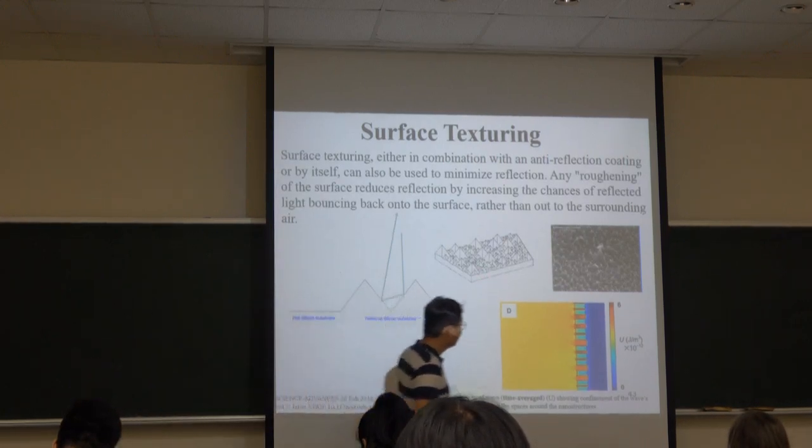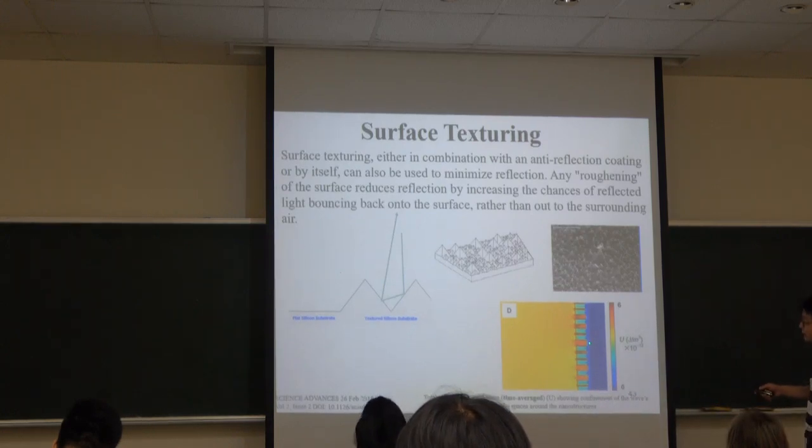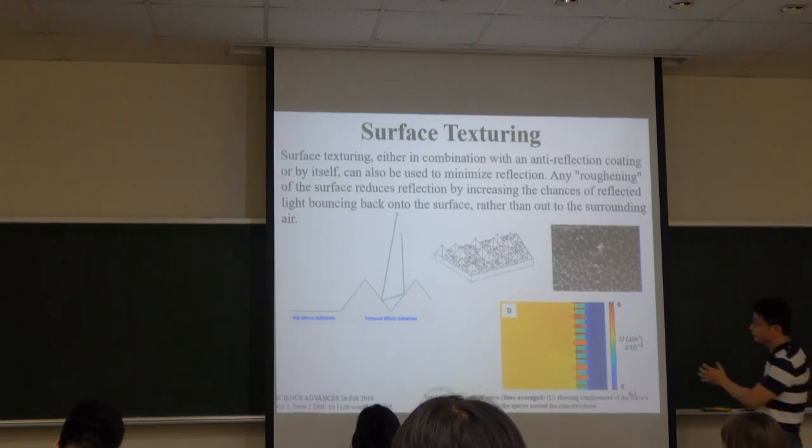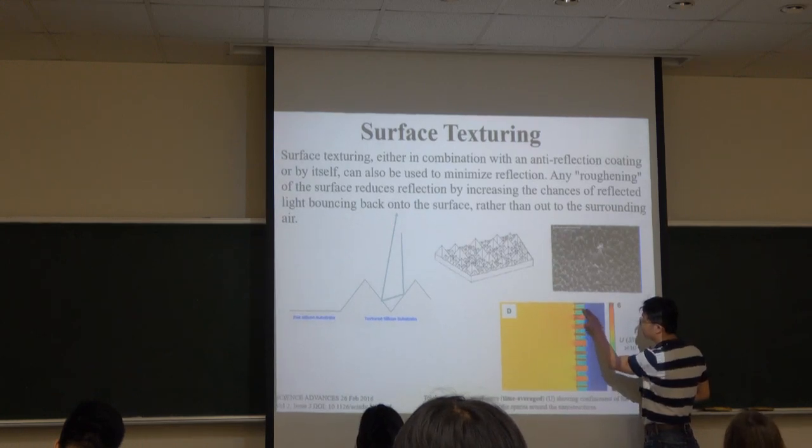for example, here is a surface simulation data that we can do. This is a simulation, and this is the flux. Flux means attracting light on the surface. For example, you have a structure like a raw-like structure on this surface.